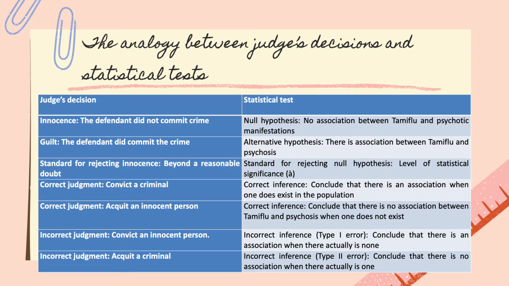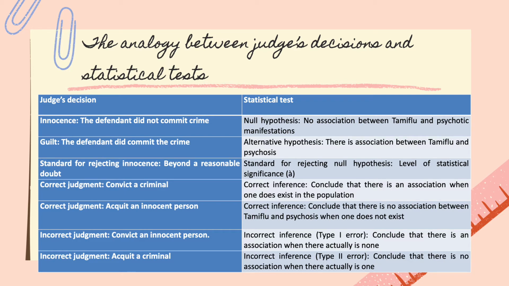It is an incorrect judgment if a judge convicts an innocent person. It is an incorrect inference in statistical tests if one concludes that there is an association when there is actually none, and you call that a type 1 error. An incorrect judgment from the judge is if a judge acquits a criminal.